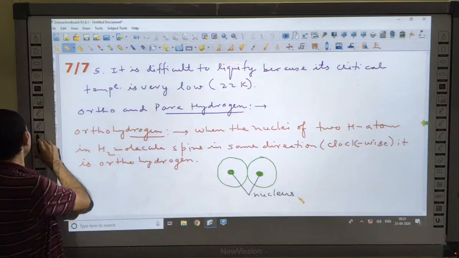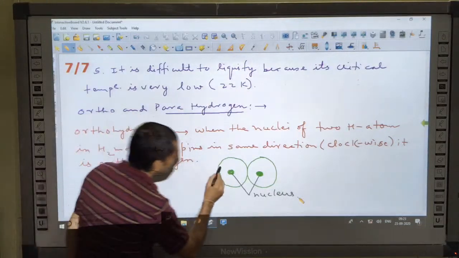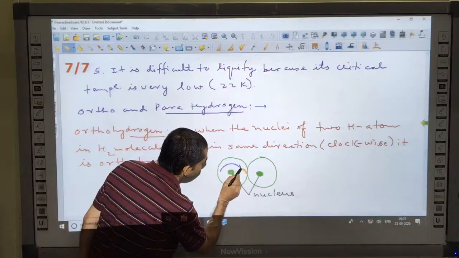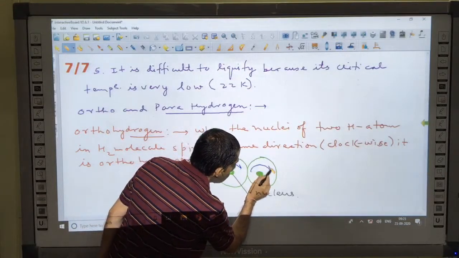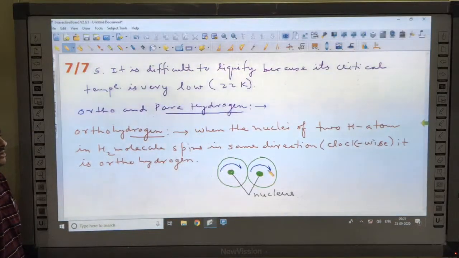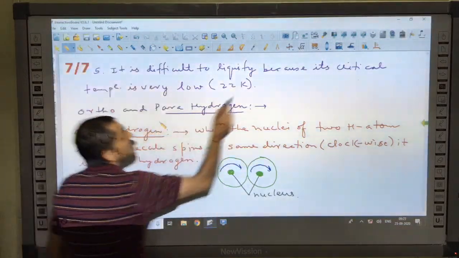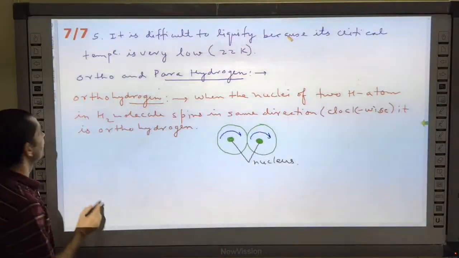Now what is happening? If these nuclei are spinning in the same direction, then it is ortho hydrogen. Clear? Then parahydrogen.